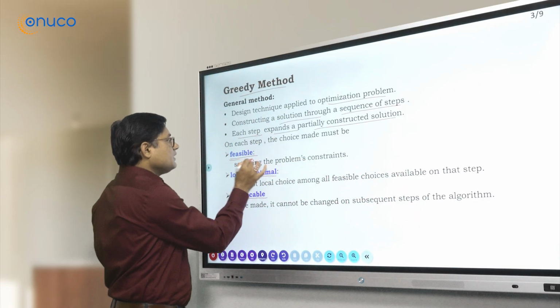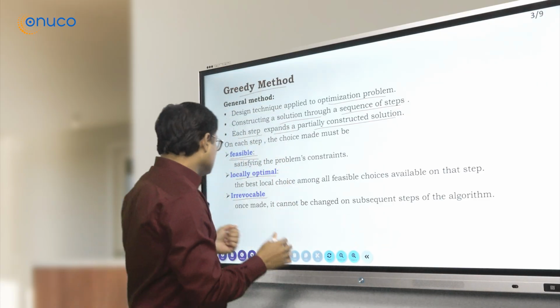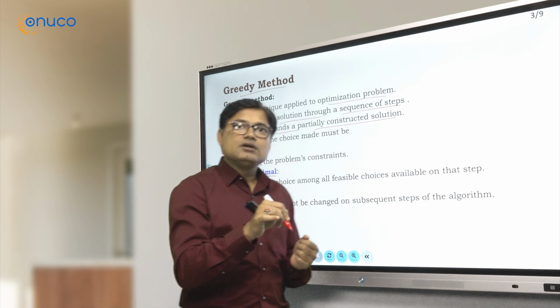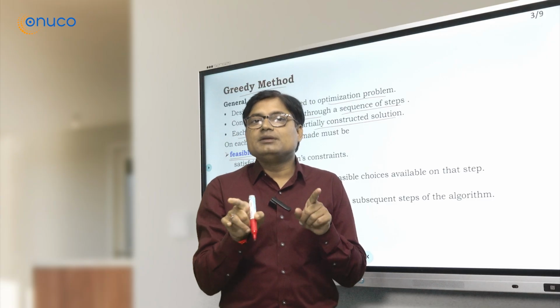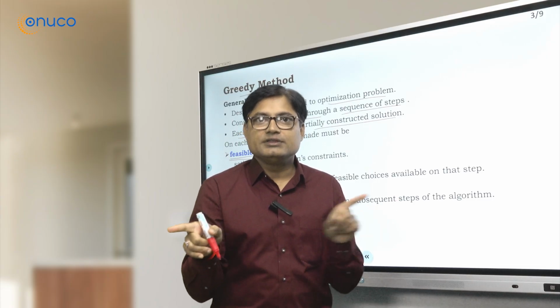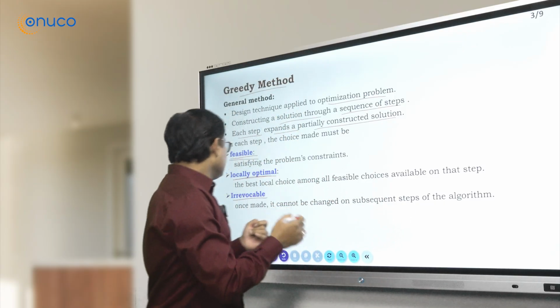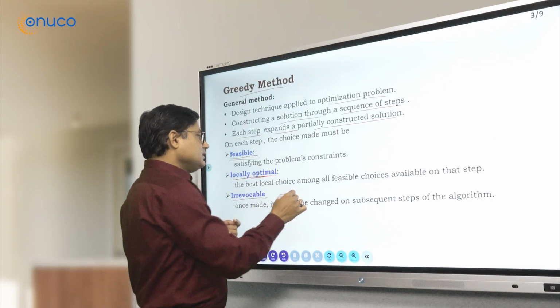So remember that feasible solutions will be more than one for the given constraints. For each and every given problem scenario, there will be multiple ways, and among them we look for which is optimal. So we are looking for the local optimal in each and every step.